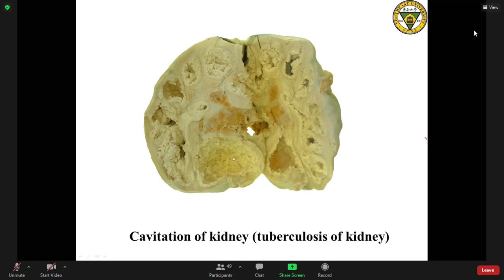And then the necrosis tissue liquefied and flow out through the urine duct. And here just remain a large cavity. It means cavitation of kidney. It's caused by the tuberculosis.